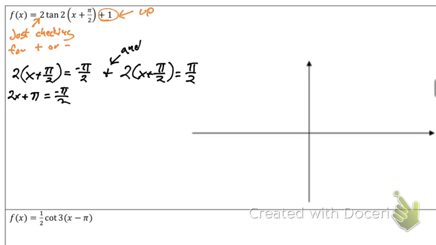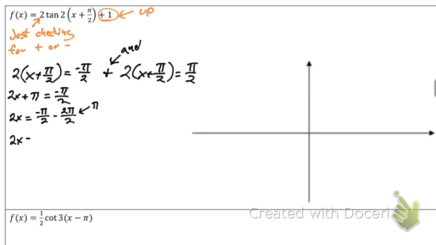Then I'm going to subtract pi from both sides. I'm supposed to subtract pi, but I think it's easier to just write pi as 2 pi over 2. That is just subtracting pi from both sides.